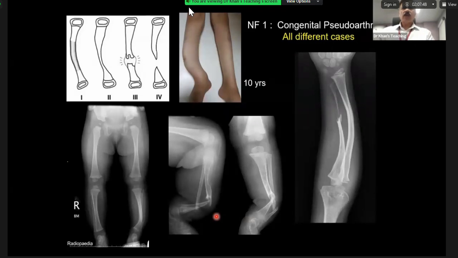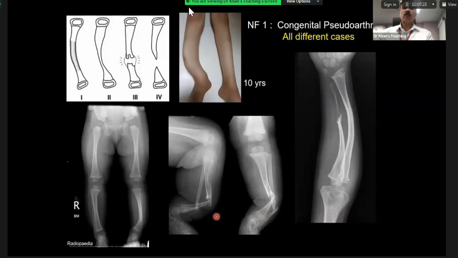This case is an extremely important case because if you know it, you will immediately grab it. If you don't know it, it becomes an absolute pain. Basically, in NF1, neurofibromatosis 1, this case can also come to you as a long case.